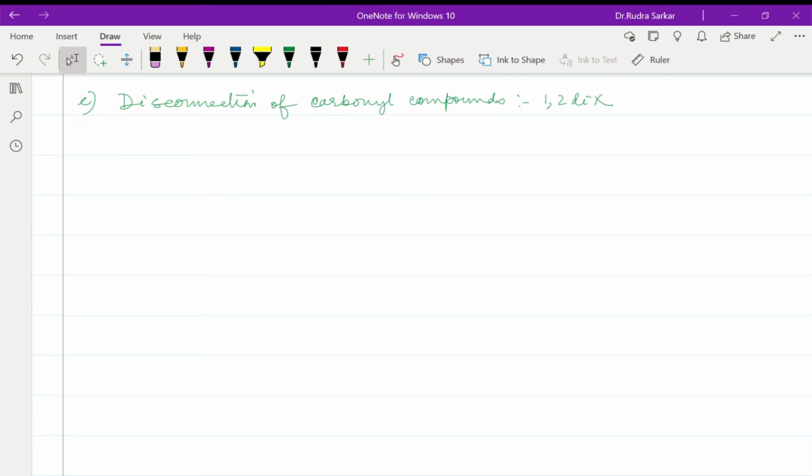We are now discussing disconnection of carbonyl compounds, and we are basically considering 1,2 difunctionalized carbonyl compounds, and so the disconnection type will be 1,2 DIX. What is the molecule? It is Nu.